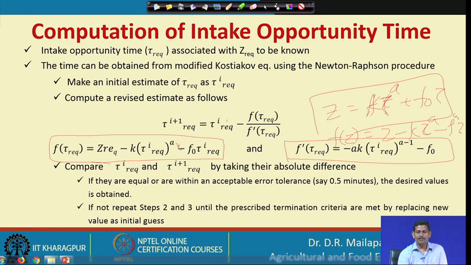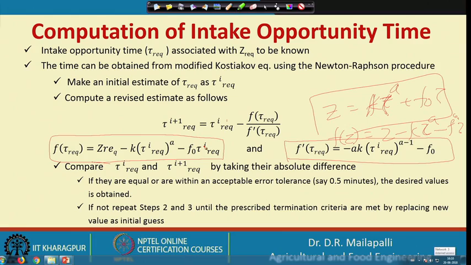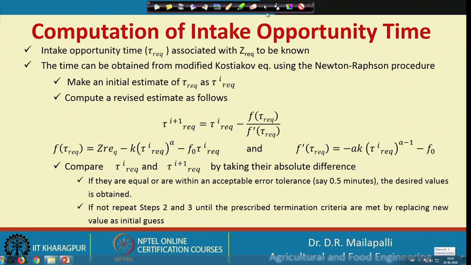If the tau is not close to the initial tau, then again you have to update the tau and find the function values and redo the iterations, and finally you get the solution tau. That is the infiltration opportunity time you get.